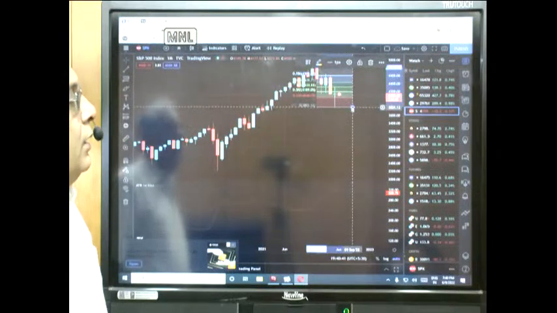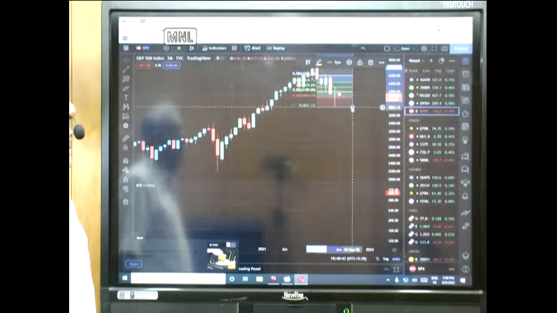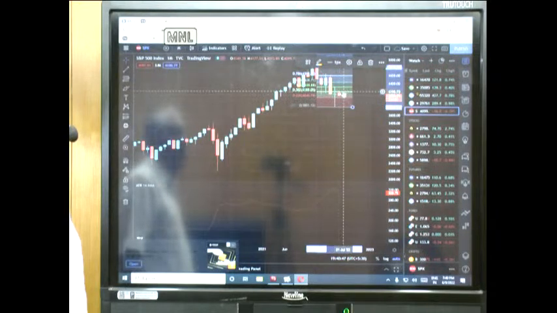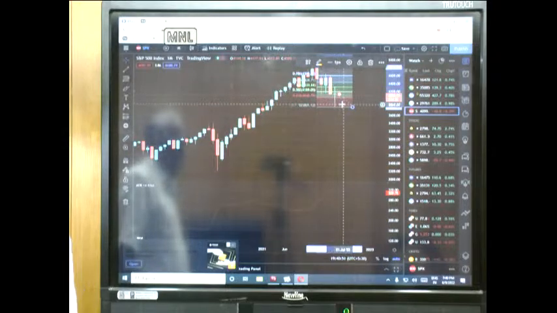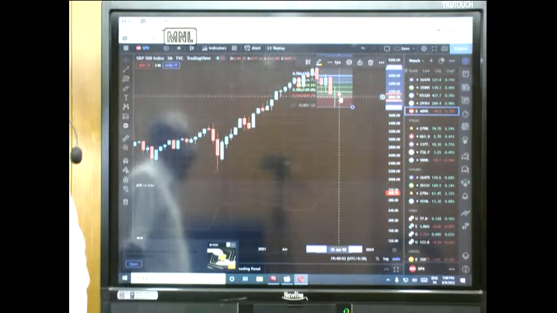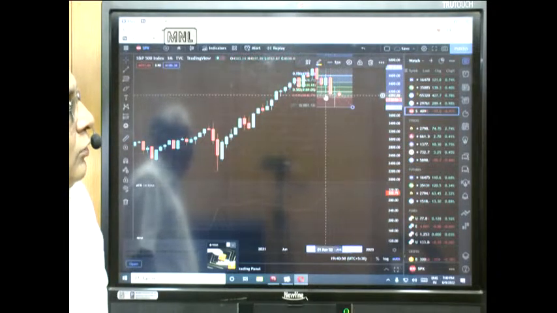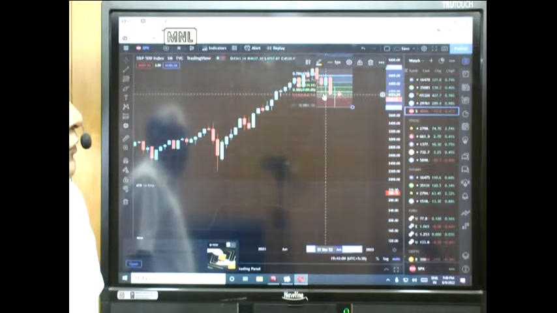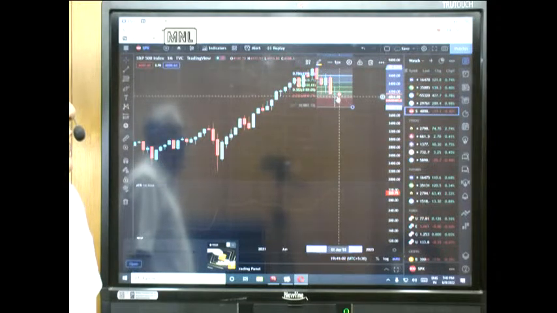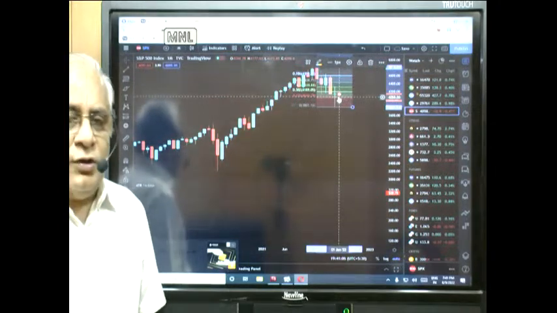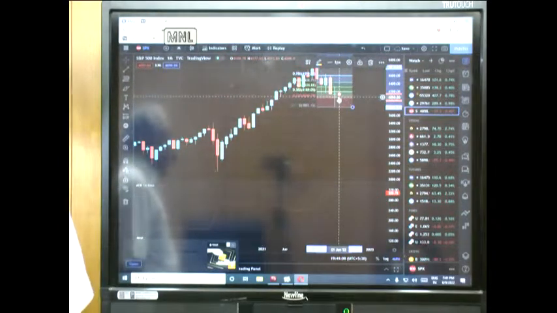And it is struggling closer to 41.89, right? Last month it went up to 43.08, 43.07, and this month it is suffering closer to 41.89. Since last month's low has also been ducked below, we should expect that 41.89, 41.90 is going to be a very important level of resistance as far as S&P is concerned.